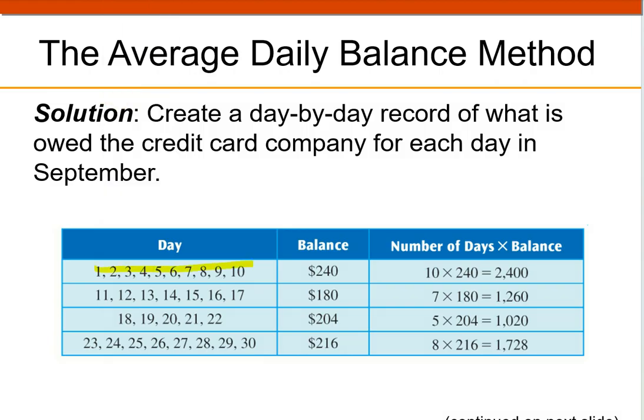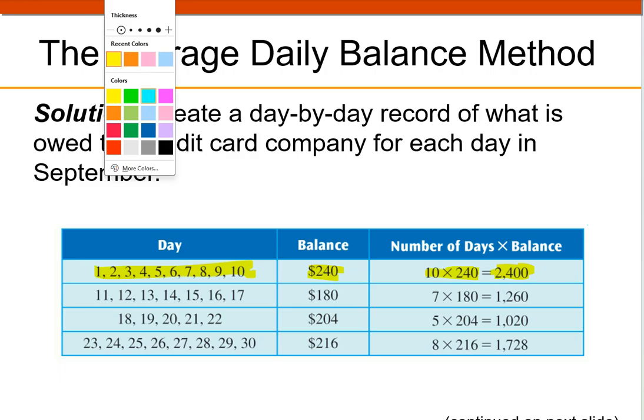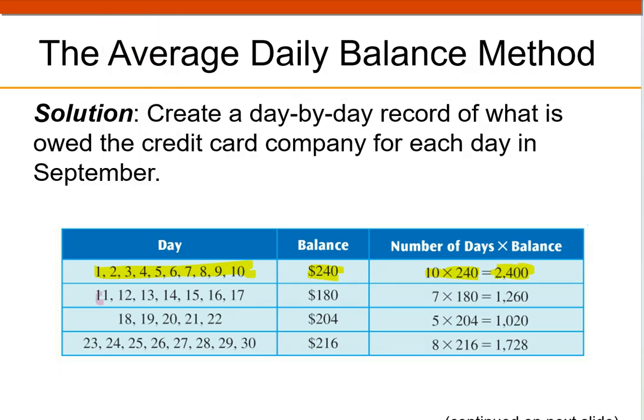Here's the first 10 days of the month. Every one of those days you had a balance of 240. So 10 times 240 is like a subtotal right now. I have a subtotal of $2,400. But then on September 11th, you sent in money, right? And that brought your balance down by $60.